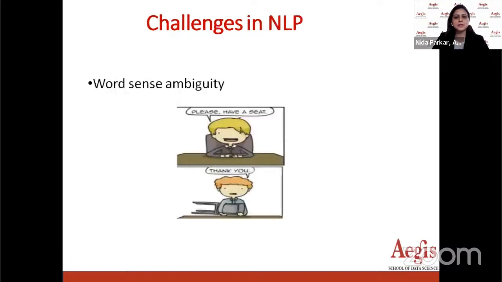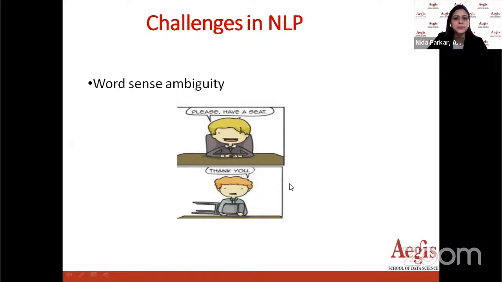Natural language processing, like any other technology, also has a few challenges. Not every kind of text can be analyzed. Suppose there is word sense ambiguity. If you tell someone, please have a seat, okay?